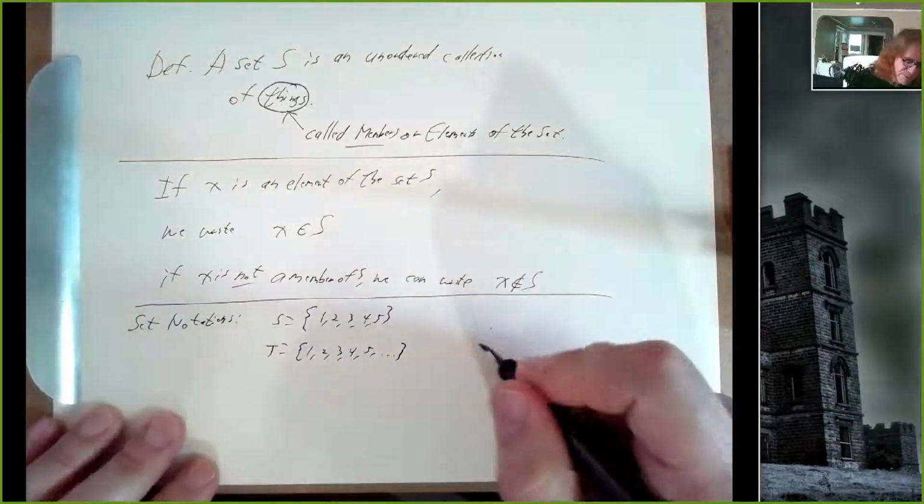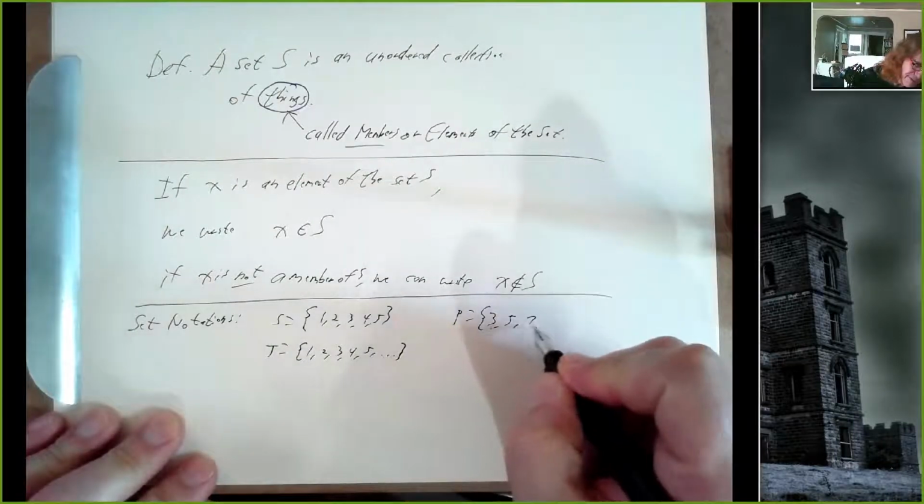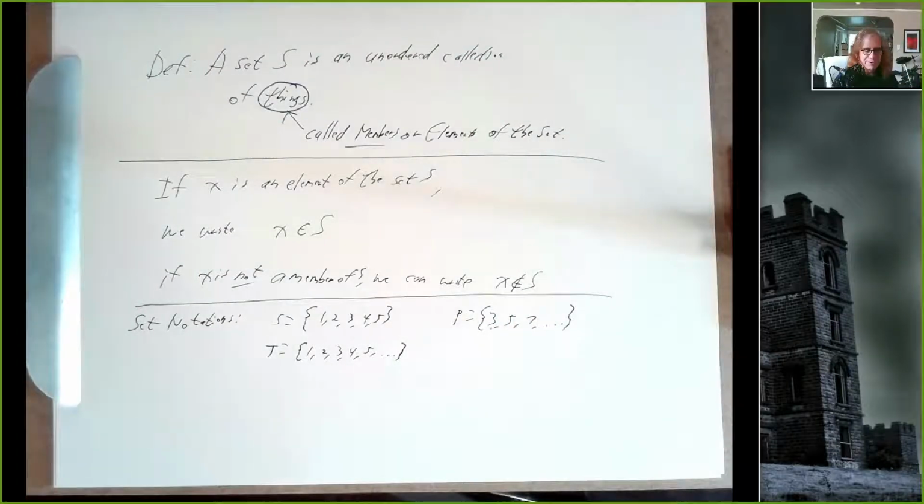For example, suppose I say P equals {3, 5, 7, ...}. Well, we might look at that and say, okay, this is all the odd integers bigger than 1: 3, 5, 7, 9, 11, 13, 15, and so on. But I could also mean all the odd prime numbers.